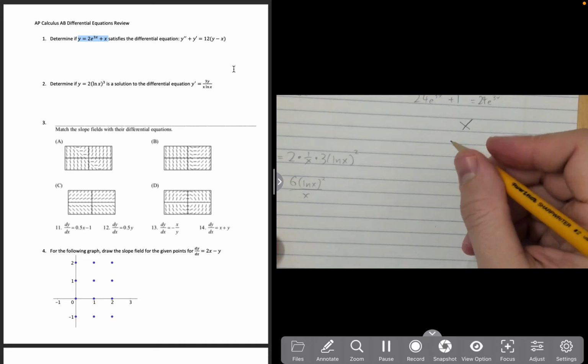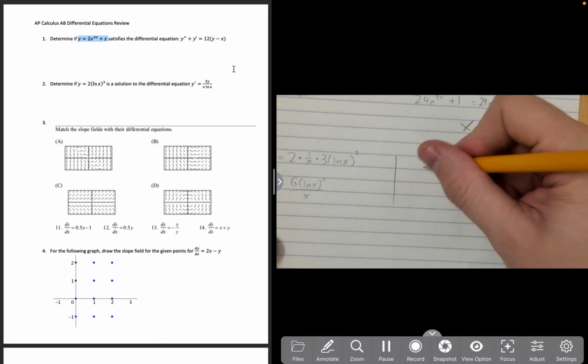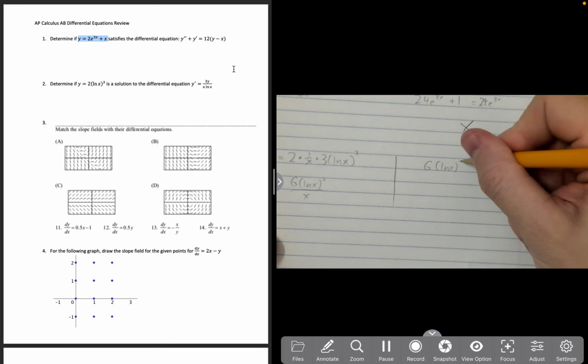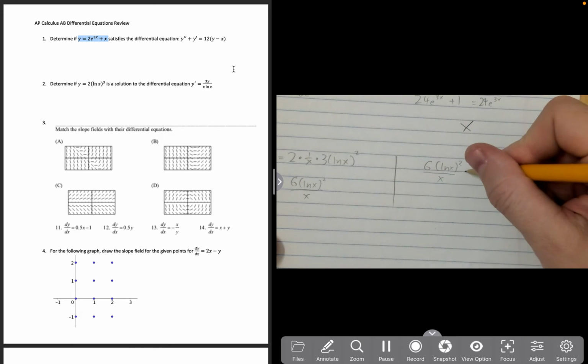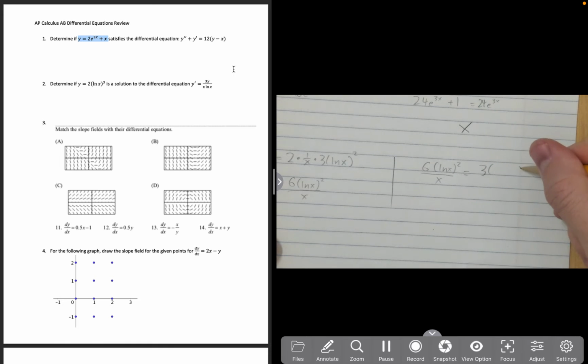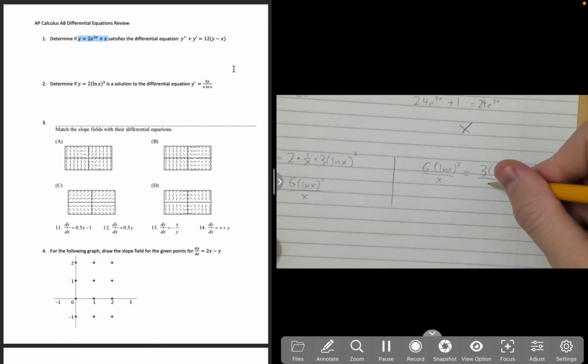And now let's substitute that in. So y prime should be equal to 3 times the original y, there's the original y, divided by x ln x.